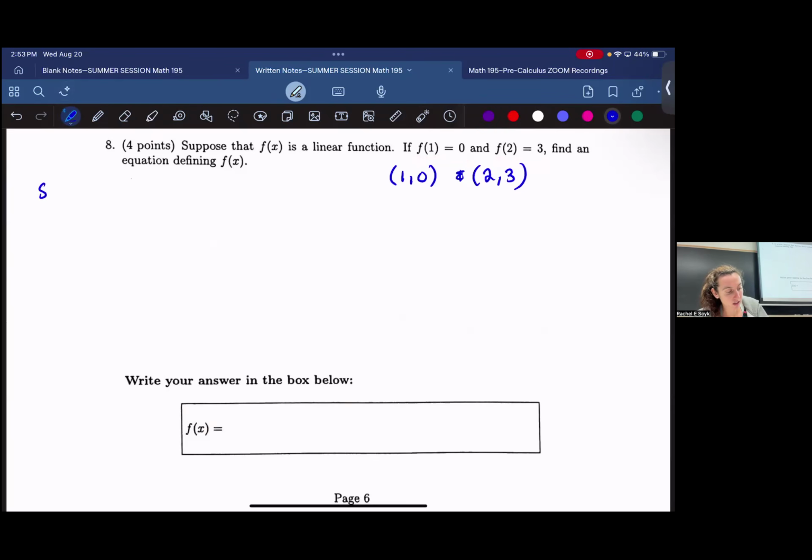So we can utilize our slope formula, change in y over change in x, which is 3 minus 0 over 2 minus 1, which gives you 3.